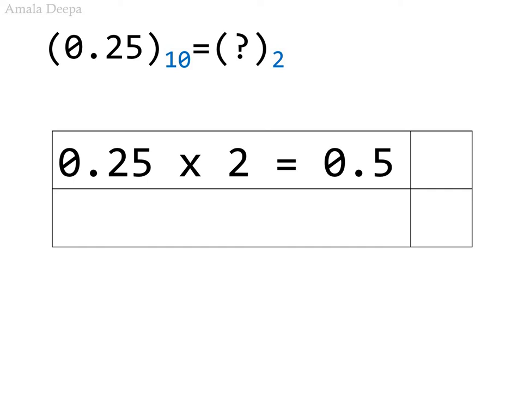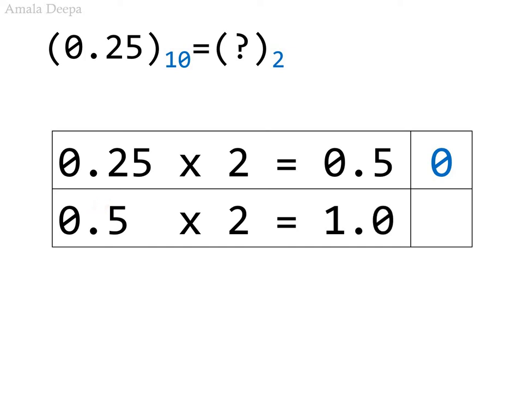In 0.5, you take the 0 and keep it aside. That is the whole number part you keep separately. Next you take the fractional part 0.5, place it in the next step and once again multiply by 2. You get 1.0.